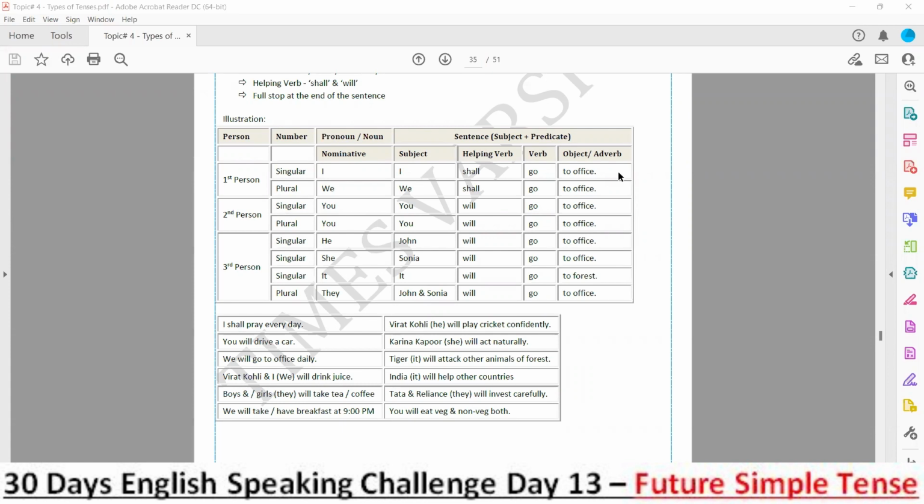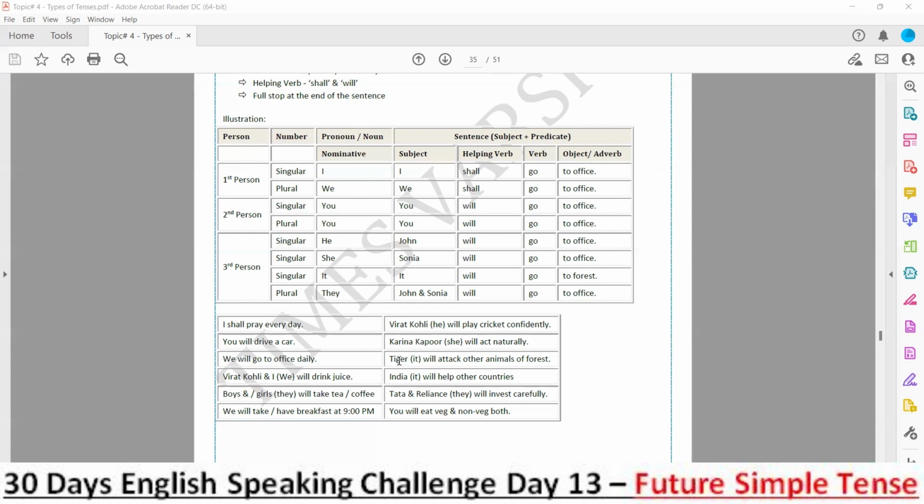You will go to office. तुम ऑफिस जाओगे. John will go to office. John ऑफिस जाएगा. Sonia will go to office. Sonia ऑफिस जाएगी. It will go to forest. वो फॉरेस्ट जाएगा. John and Sonia will go to office. John और सोनिया ऑफिस जाएंगे. Faiz, thank you. That was correct.